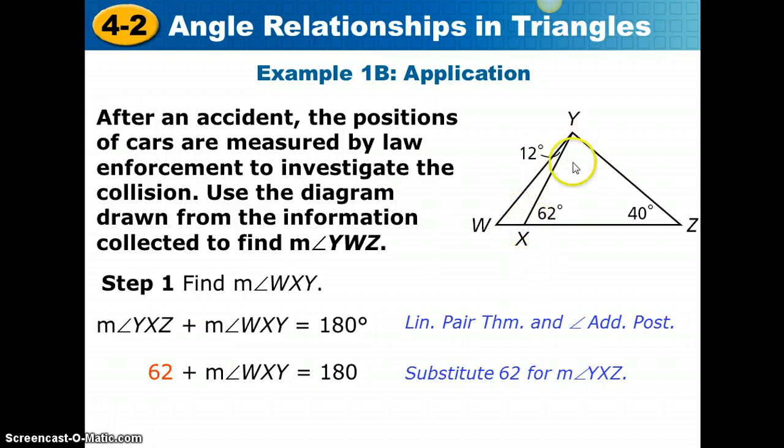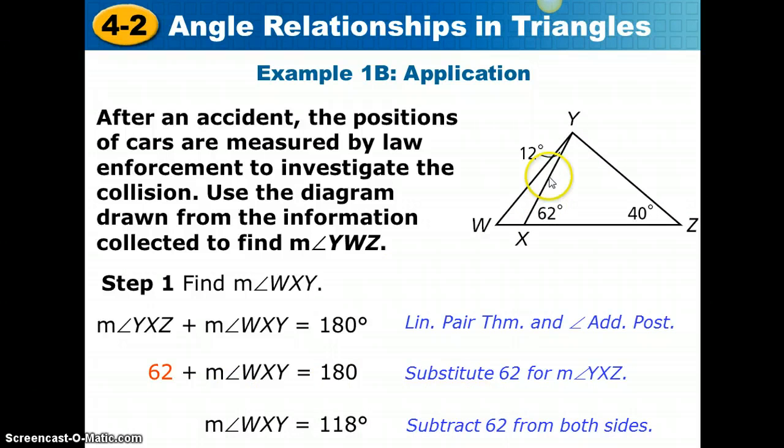To find another way we could do this, we could find the measure of angle WXY here. I know that YXZ forms a linear pair with WXY, so I take away 62 from 180, and we get that WXY is 118 degrees.